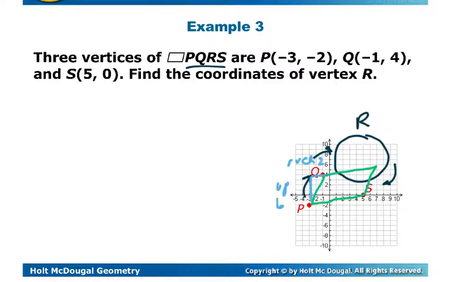And so in order to get to the next one, I'd need to go up 6 from 0 and over 2. And so that means that the coordinate of R is going to be 7, 6.